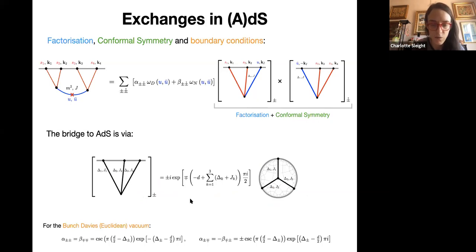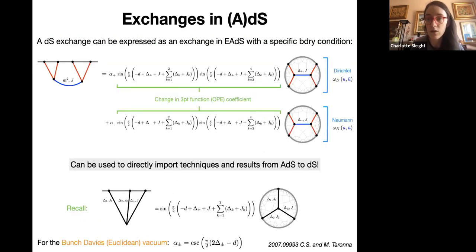So in particular, a few slides ago, we saw that the contribution from a given branch of the in-in contour to a de Sitter three-point contact diagram is given by its ADS counterpart multiplied by a constant phase. So if we apply this relation to each in-in contribution to the de Sitter exchange, this immediately re-expresses it as a linear combination of Dirichlet and Neumann exchanges in anti-de Sitter space.